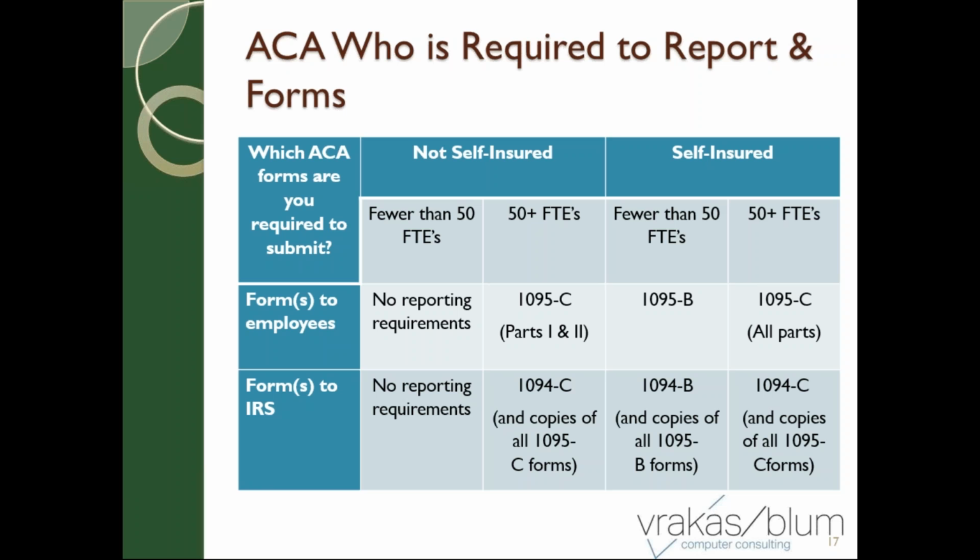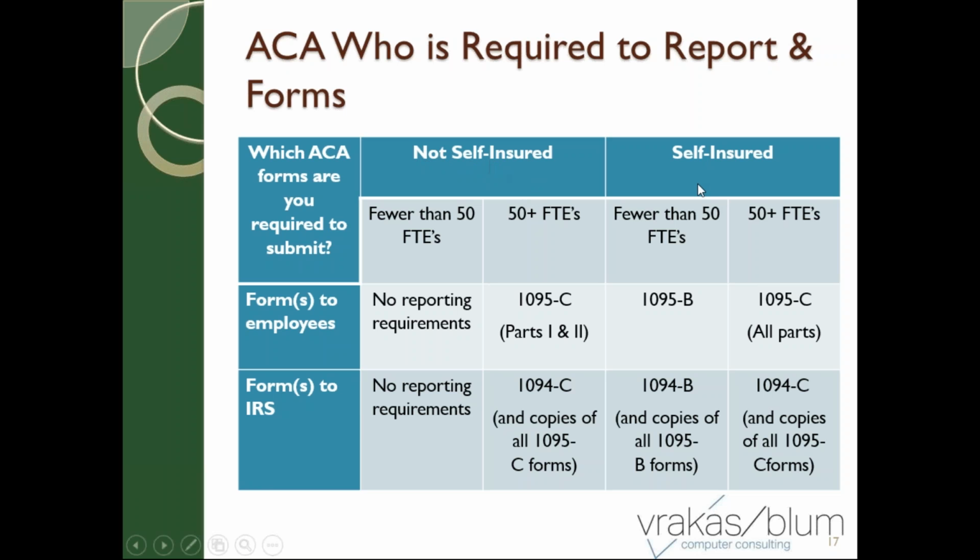So let's go in and talk about our ACA, who's required to report and what forms that you will need. When it comes to ACA reporting, employers with 50 or more full-time employees or 50 full-time equivalent employees will be subject to ACA reporting. This will give you information as far as what form and who is required to report.